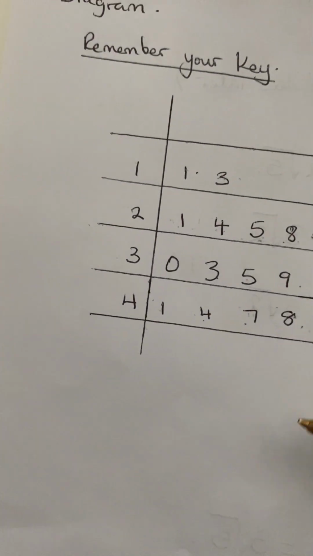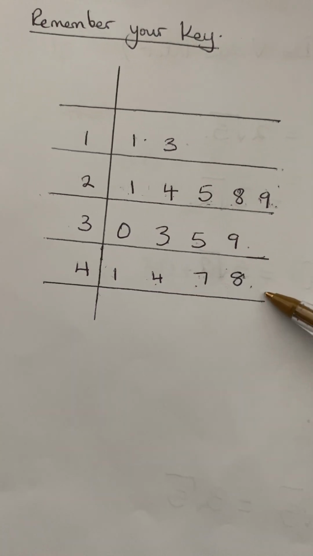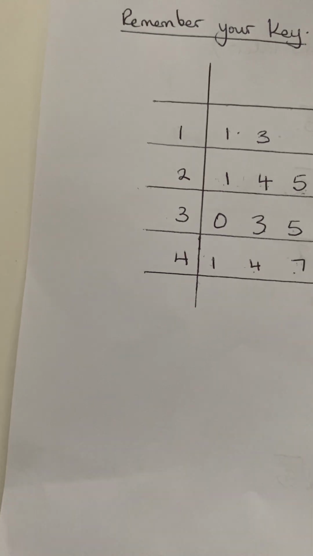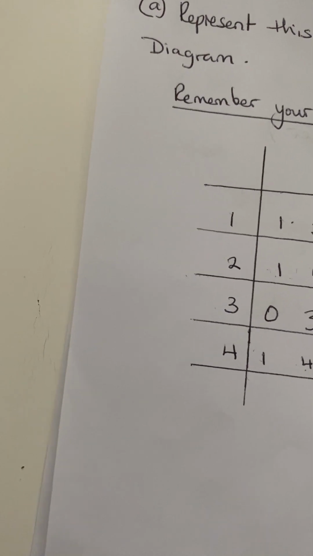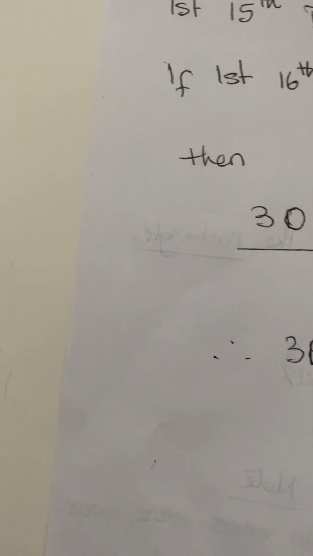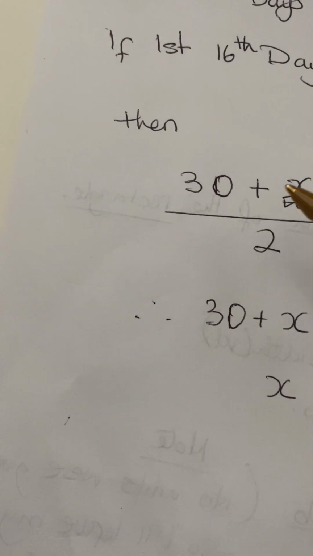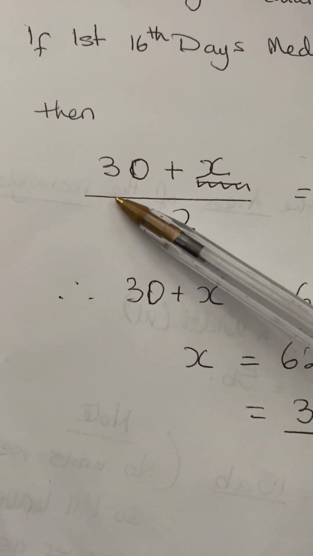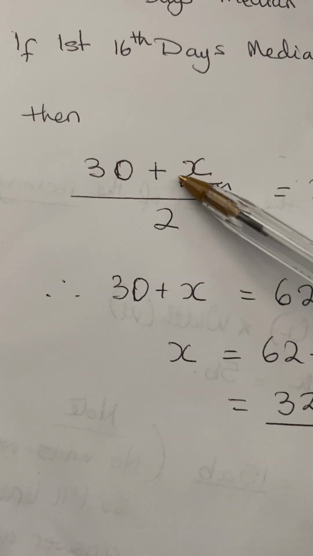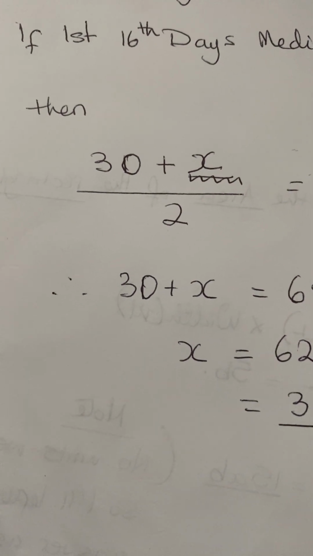Now, on the 16th day, you have another data point to write, and now your median is 31. So what you can do here is, for the first 15 days, your median is 30 plus x, because now you have two middle numbers.